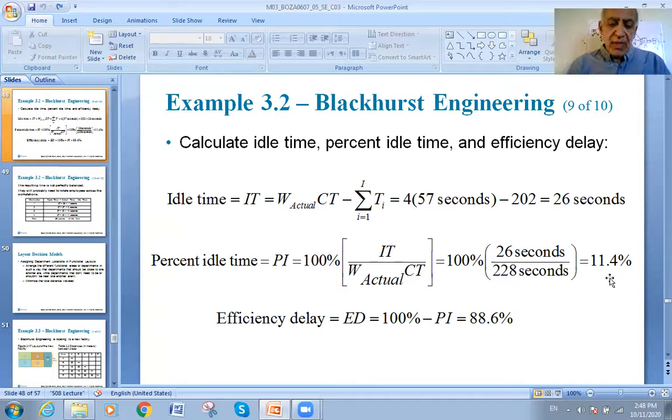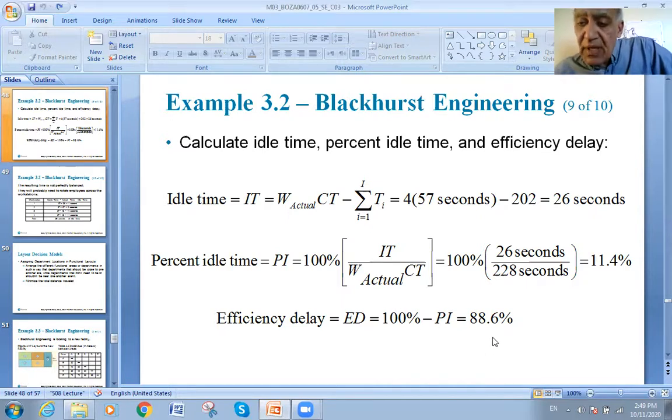Okay, so if this is considered the inefficiency, then the efficiency will be 100% minus it.